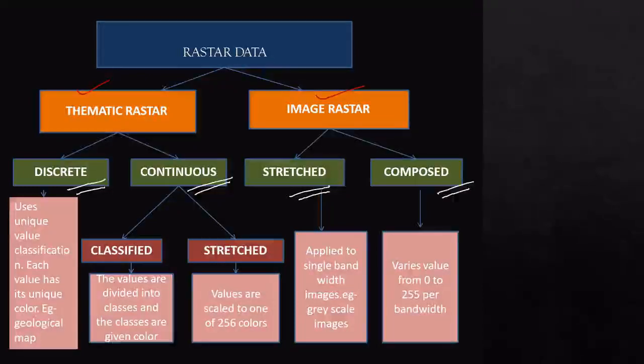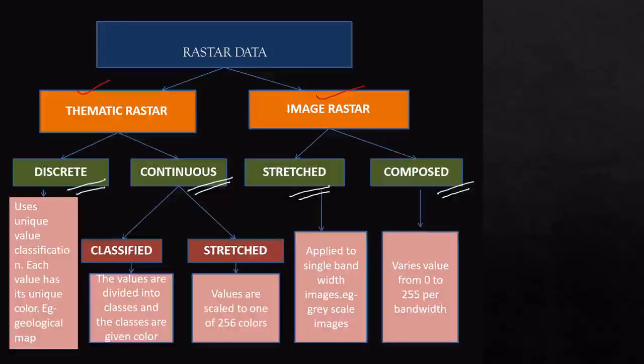So discrete data means it uses unique value classification. So for each data, there will be a unique value. So each value has its unique color. Example, geological map. See, when you take a geological map, you will have different types of soils. So for each type of soil, you can give different colors. So that is discrete data.